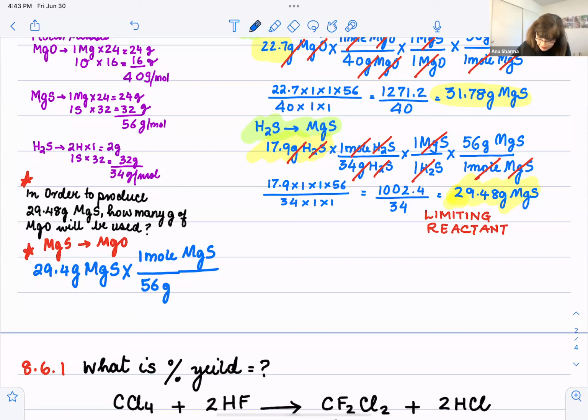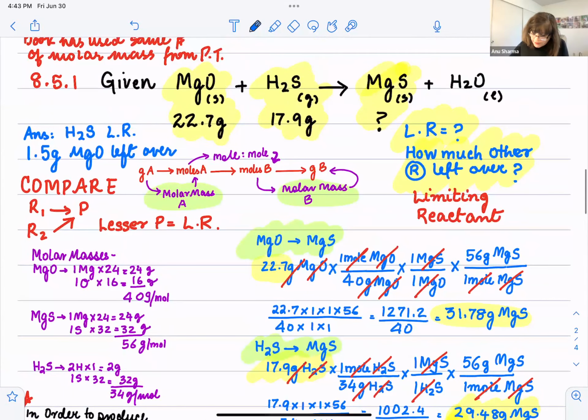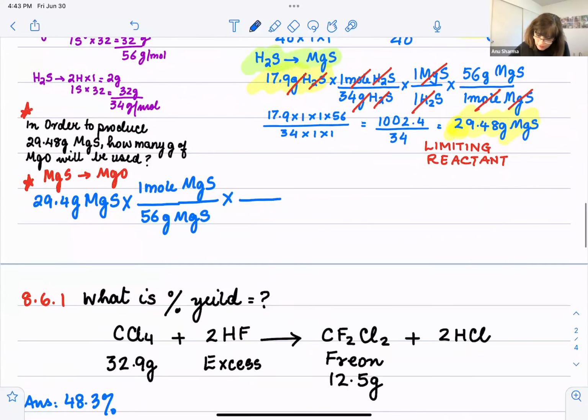That's the molar mass of magnesium sulfide. Same thing, you're going to convert it into a mole to mole ratio. So we see that magnesium sulfide and magnesium oxide are 1:1. So 1 mole of magnesium sulfide and 1 mole of magnesium oxide. You put them in the mole to mole ratio.